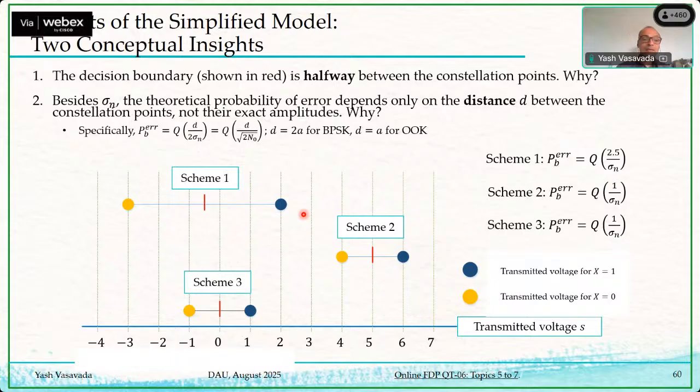Then you will get a better version of scheme 1. It will be more efficient in terms of energy. But as soon as you do that, -2.5 and +2.5, it becomes the same as BPSK with A equal to +2.5. So in some sense, BPSK is optimal. It achieves the best error probability given a particular energy constraint.